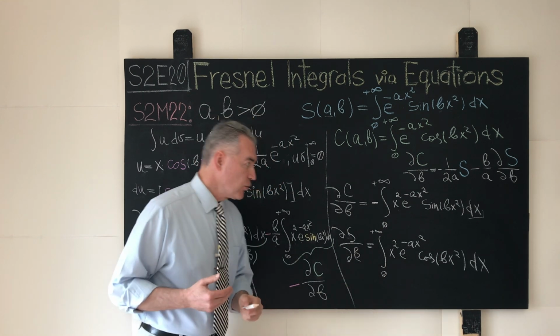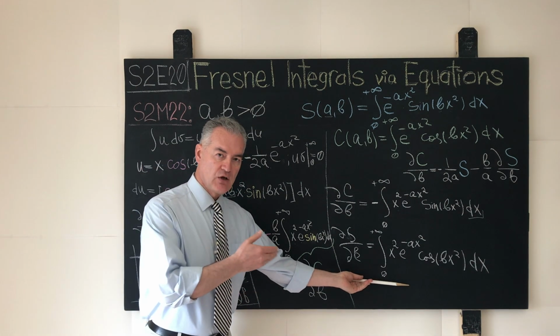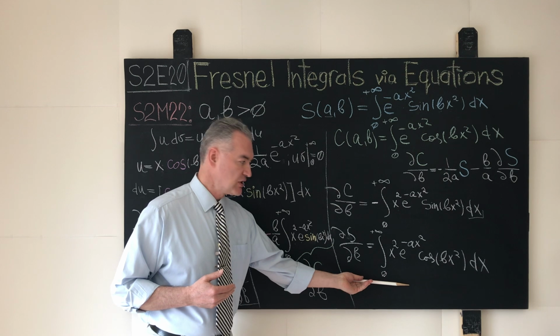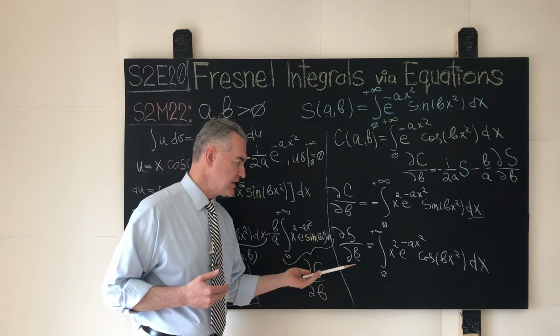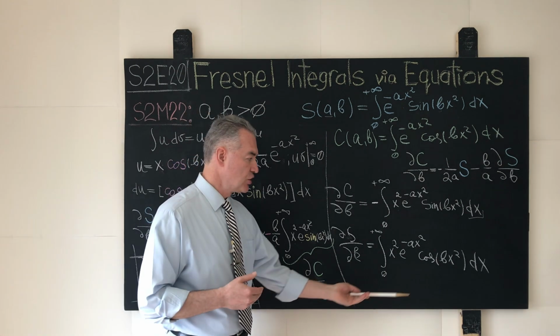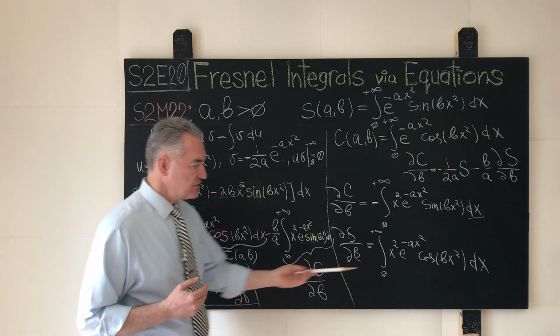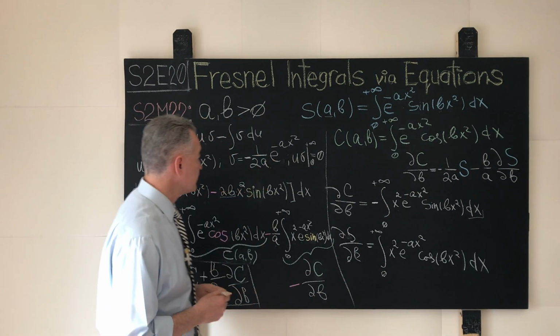Consequently, when we go back to a closer encounter with the first derivative of the function s over b, shown over here, and apply the integration by parts to this integral, once we partition this integrand in exactly the same way.